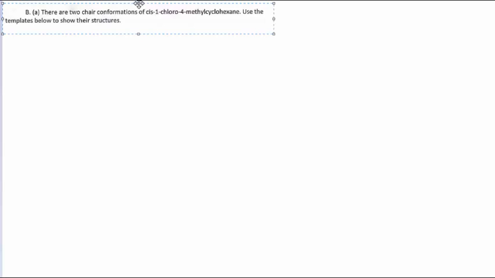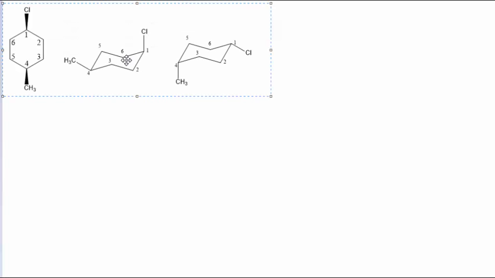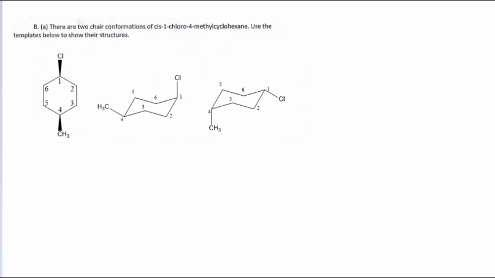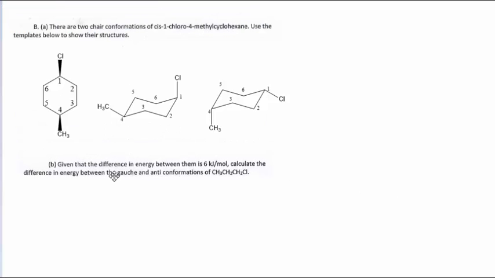So here we're prompted once again to give the two chair conformations of this molecule. Since by now you should know how to do this, I'll just put them up here. Okay, at this point they want us to then, if the energy difference between this chair and this chair is 6 kilojoules per mole, what is the energy between the gauche and anti-conformations of CH3, CH2, CH2, Cl?